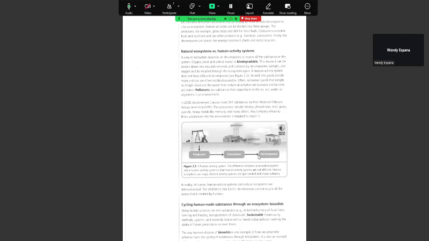So if we look at an example of something that's not sustainable, it's called unsustainable as a matter of fact, we can see how we are trying to change that. So biosolids is an example of how unsustainable activities harm these cycles.